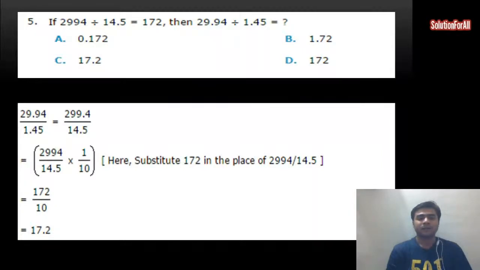Now again, I can write it as 2994 upon 14.5 multiplied by 1 upon 10, because I have converted the decimal part of the numerator into a complete number. So there is a 10 in the denominator with index 1. I have already been given the value of 2994 divided by 14.5. That's equal to 172, and it is multiplied by 1 upon 10. Now I can put a decimal before the 2. So the answer is 17.2. That's option C. So option C is the correct answer.